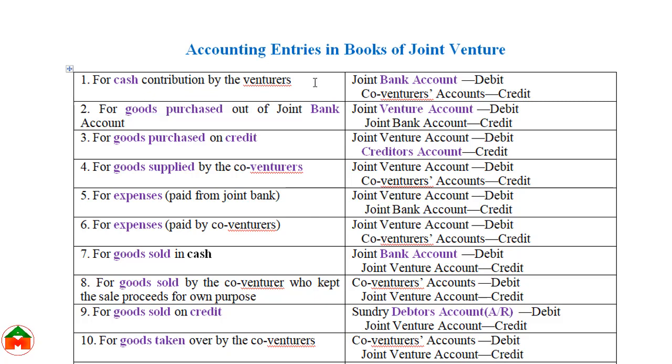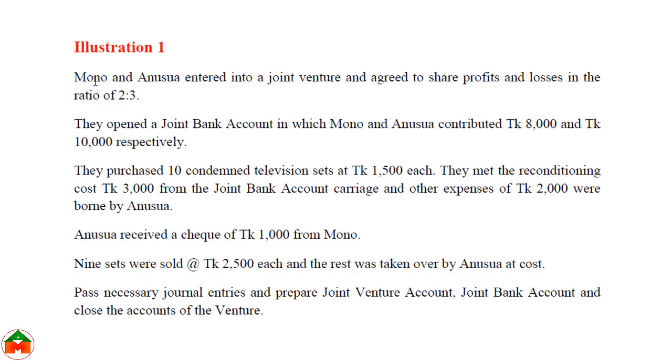To know the practical process for the journal entries in the books of joint venture, we are going to show an illustration. Here we can see an illustration or example or a problem from where we should prepare the journal entries, or we should record the journal entries. Mono and Anusha entered into a joint venture and agreed to share profits and losses in the ratio of 2:3.